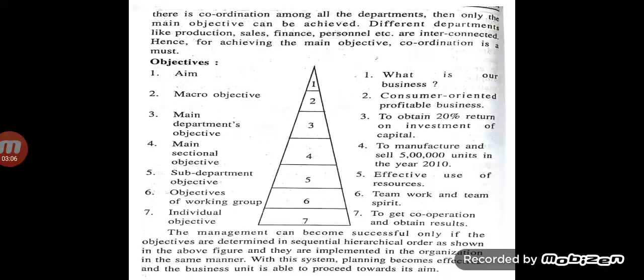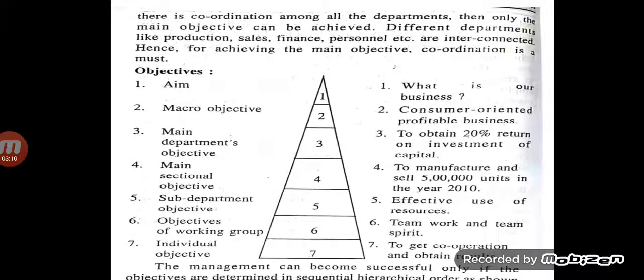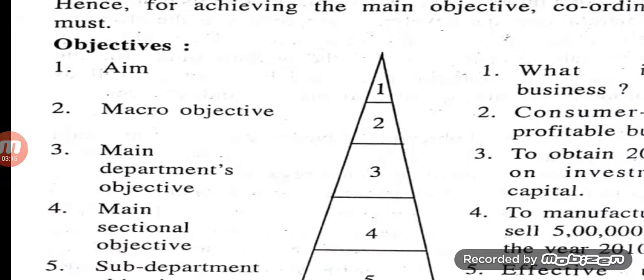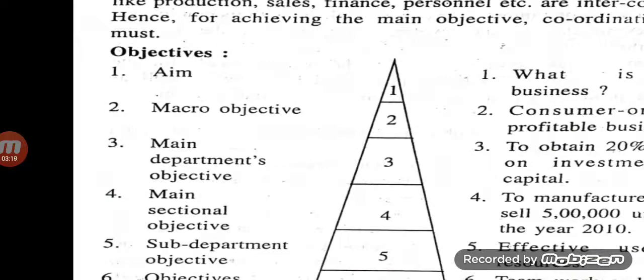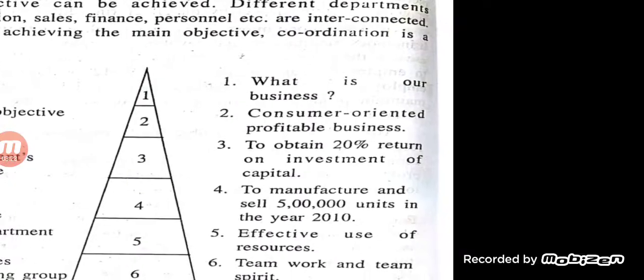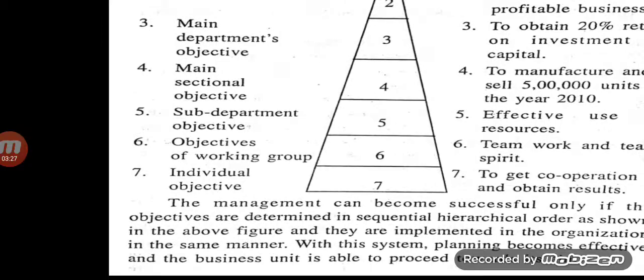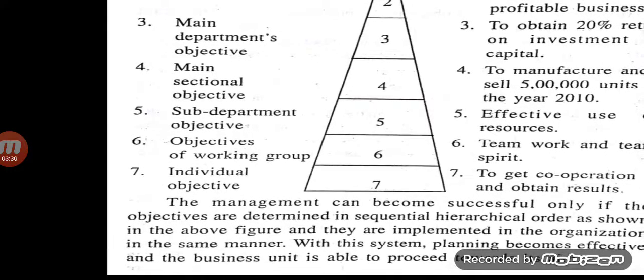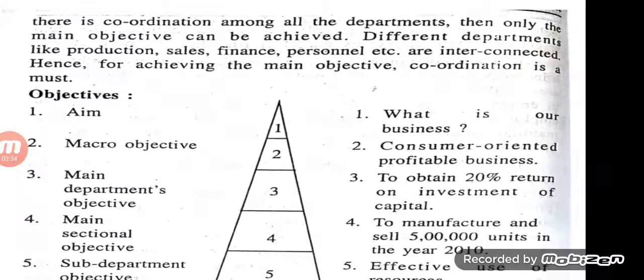Okay, so here the objectives go step by step, hierarchy-wise: the first objective of every organization is the aim, then macro objectives, then main department objectives, main section objectives, sub-department objectives, objectives of working groups, and individual objectives. These objectives must be covered under these types of questions.